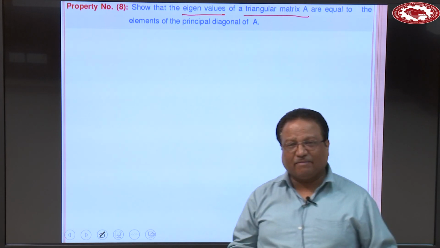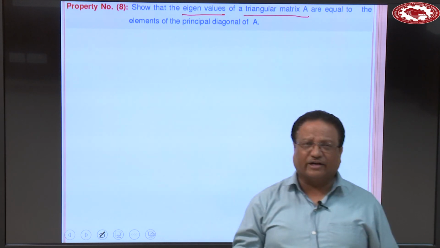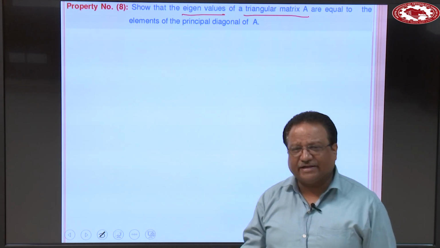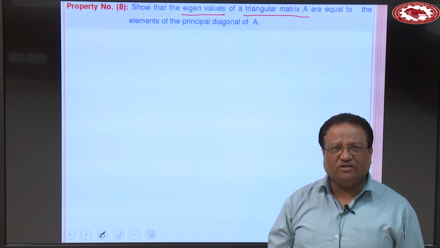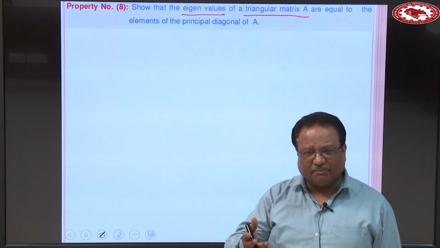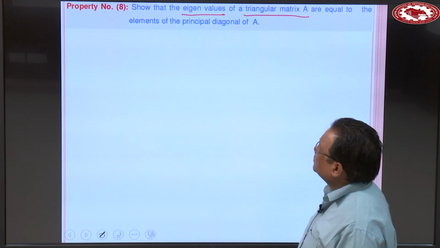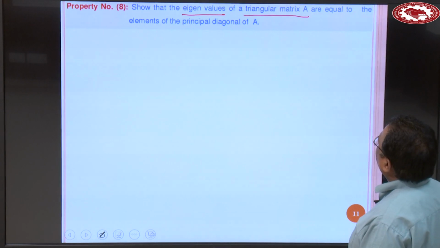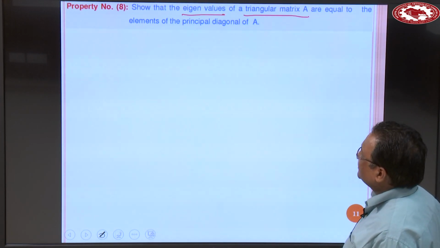So see, if you have a triangular matrix, maybe upper triangular or maybe lower triangular, okay. So if we have a triangular matrix, the eigenvalues you find will be the same as the elements that exist on the principal diagonal. Clear? So eigenvalues of a triangular matrix are equal to the elements of the principal diagonal.